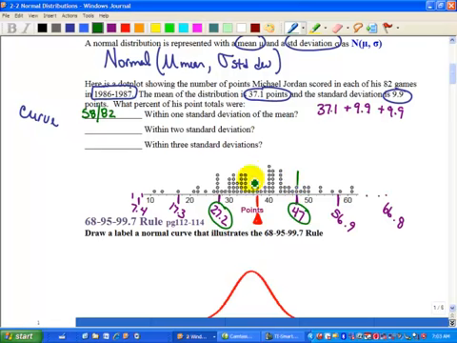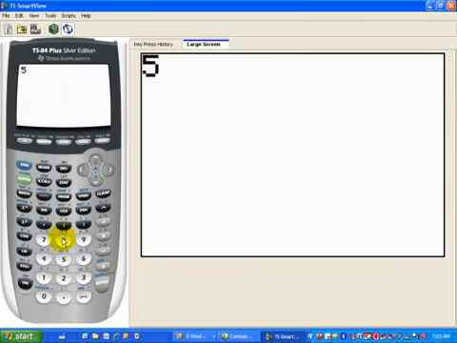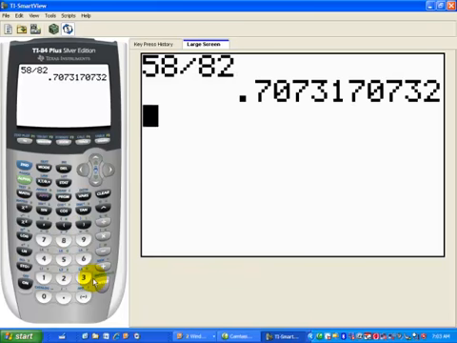Yeah, I counted from here to here. So what is 58 out of 82? 70.7.